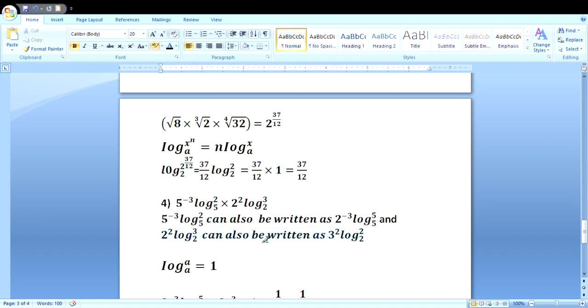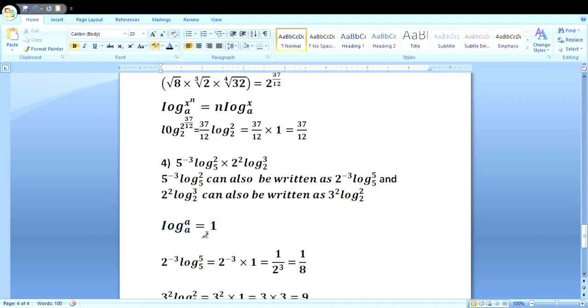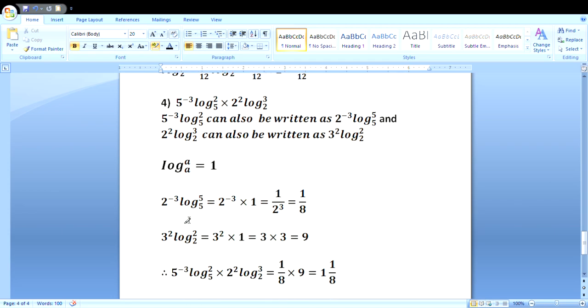And 2 raised to power 2 log 3 to base 2 can be written as 3 squared log 2. But you know that log a to base a is 1. So log 2 to base 2 will be 1 and log 5 to base 5 will also be 1. So this expression will become 2 raised to power minus 3 times 1, which is 2 to the minus 3. From negative indices, this becomes 1 over 2 cubed, which is 1 over 8.